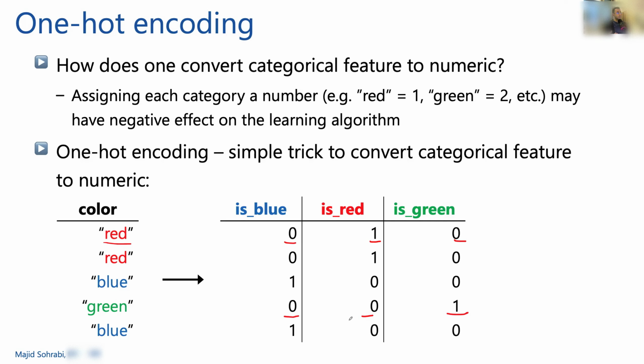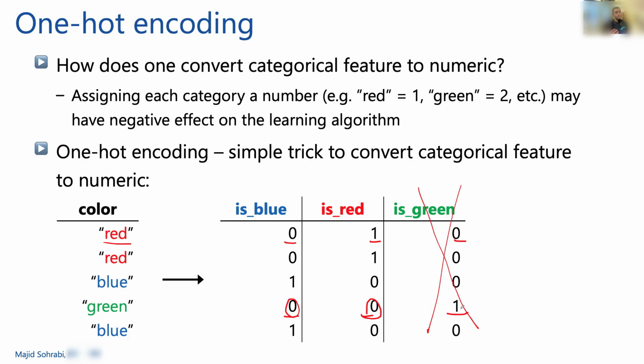Another thing I would like to highlight is that I have three categories and I added three columns. It is possible to eliminate one of these columns. Why? Because I can infer the value or the existence of this category by considering, for example, the two zeros here. When there are two zeros, there would be the other category.